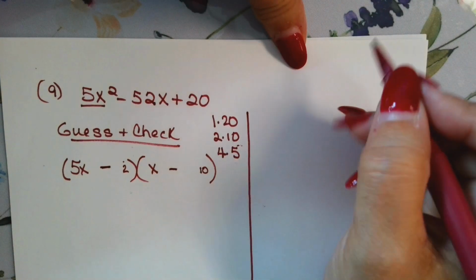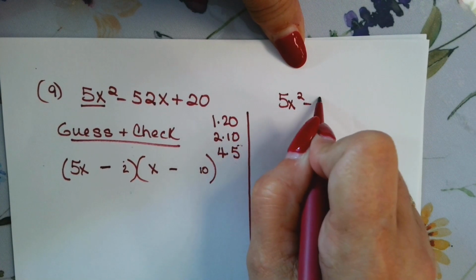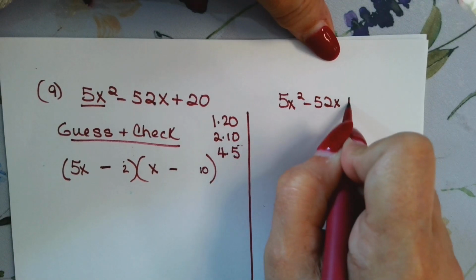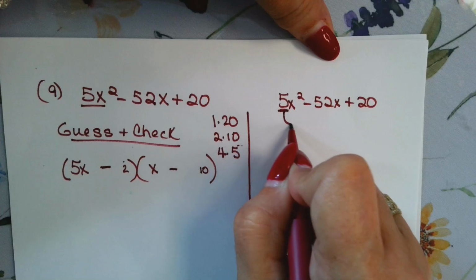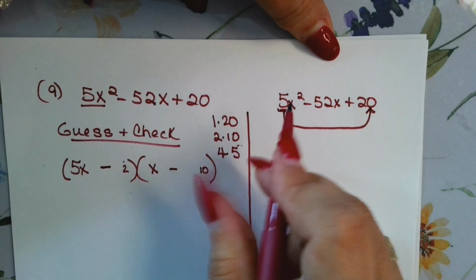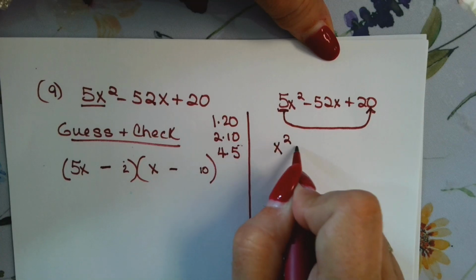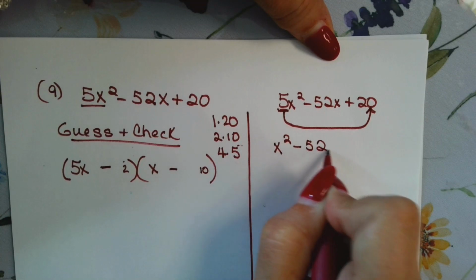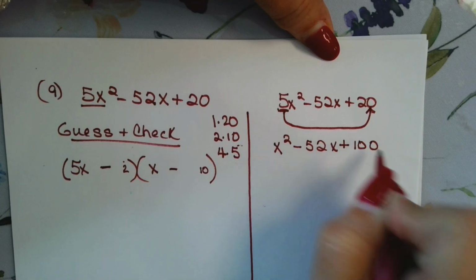Now, if you don't want to use that way, you can always do it this way. You're still going to get the same answer. You take this number and you swing it to the back. You're going to multiply the 5 times 20. So the constant is going to be multiplied by 5. So this is x squared minus 52x plus 100.